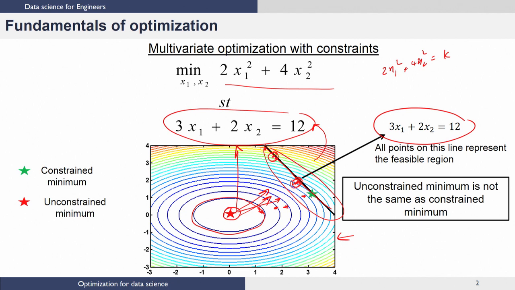Now, once I find a contour like that which touches this line, there is no incentive for me to go further beyond, because going further beyond would mean I would be making my objective function worse. So, when I just touch that line, that is the best compromise, because that is where I become feasible for the first time, and going any further would only make my objective function worse.